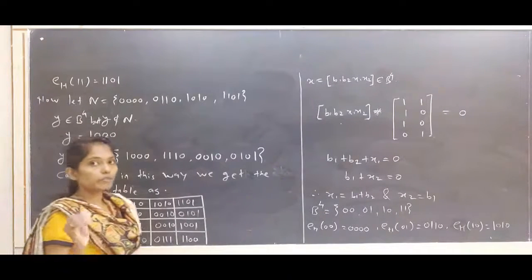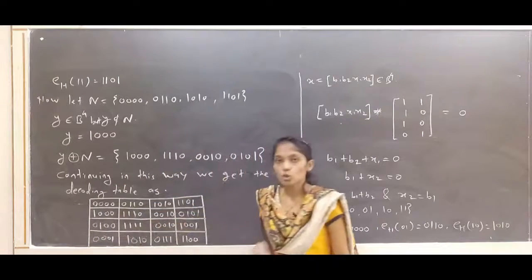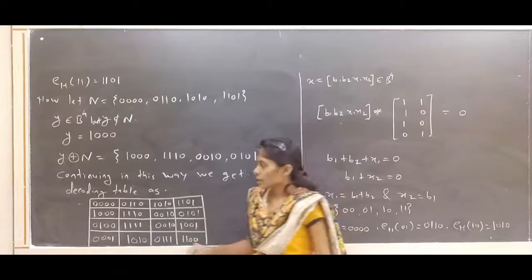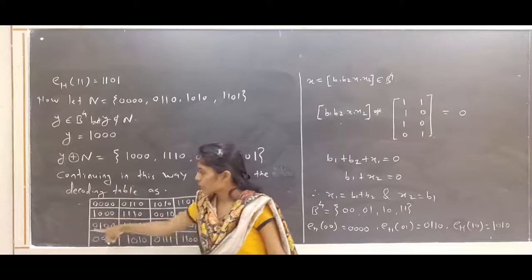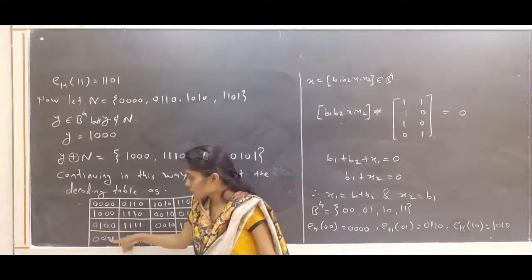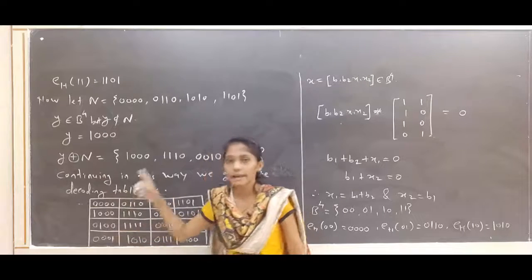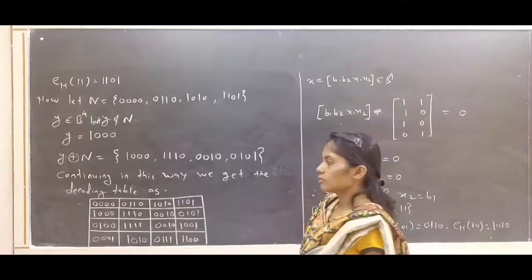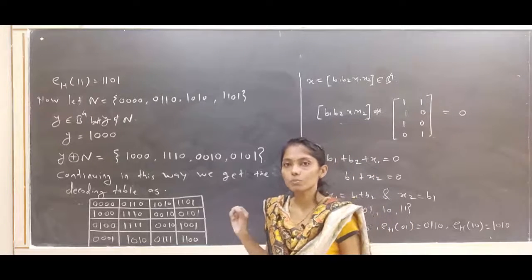Now here we all know that the first element of every row is a coset leader. So here 0 0 0 0, 1 0 0 0, 0 1 0 0 and 0 0 0 1. These 4 words are the coset leaders. Okay, so for these coset leaders we want to construct a syndrome table.